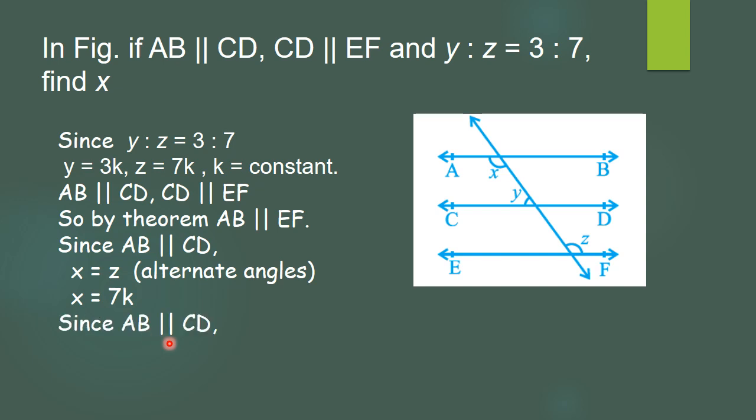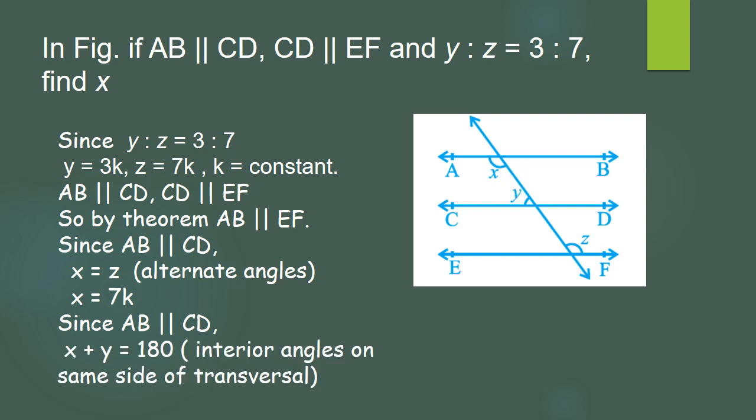Now AB is parallel to CD, and we are considering this transversal. So what about angle x and angle y? These two angles are interior angles on the same side of the transversal, and so their total will be 180. So we get x plus y is 180 as the interior angles on the same side of the transversal.